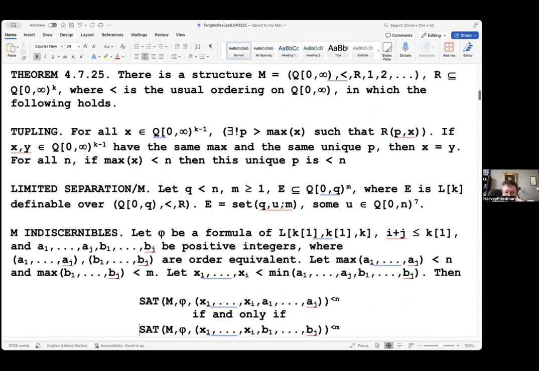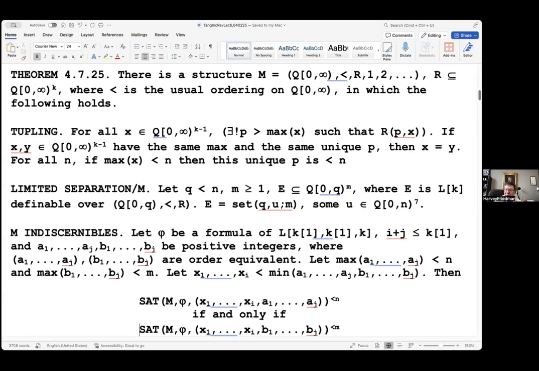First of all, there's tupling. So getting tupling is a thing that's in the earlier parts of the reversal, and actually is not that straightforward. It's a little bit tricky. But the tupling that we're assuming at this point of the reversal is just for k minus one tuples.